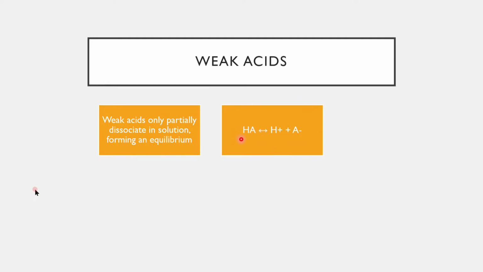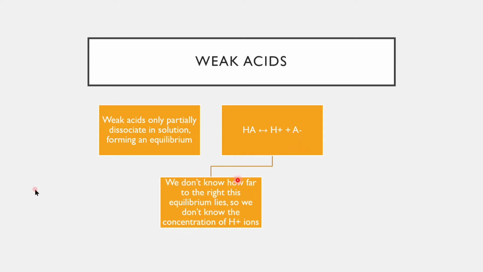HA is our generic symbol for our weak acid, and this is in equilibrium with hydrogen ions and the conjugate base, which we call A-. We don't know how far to the right this equilibrium lies, so we don't know how much of our weak acid actually dissociates into hydrogen ions and conjugate base.